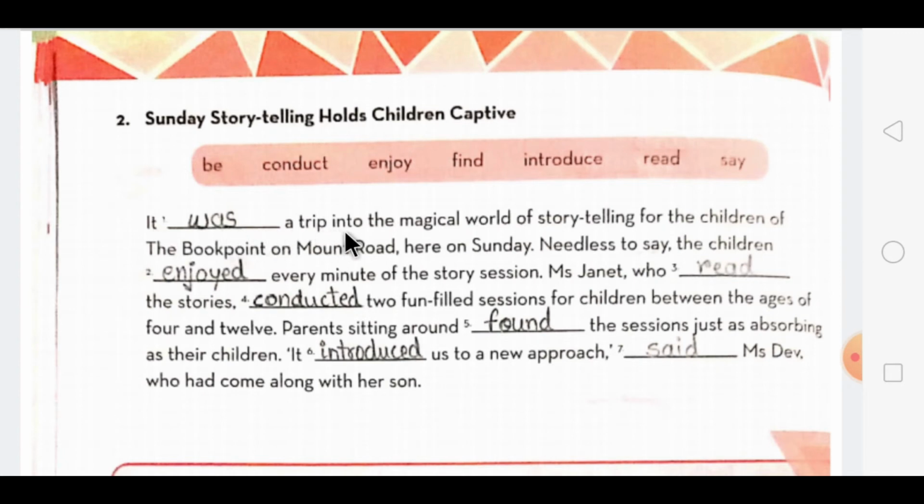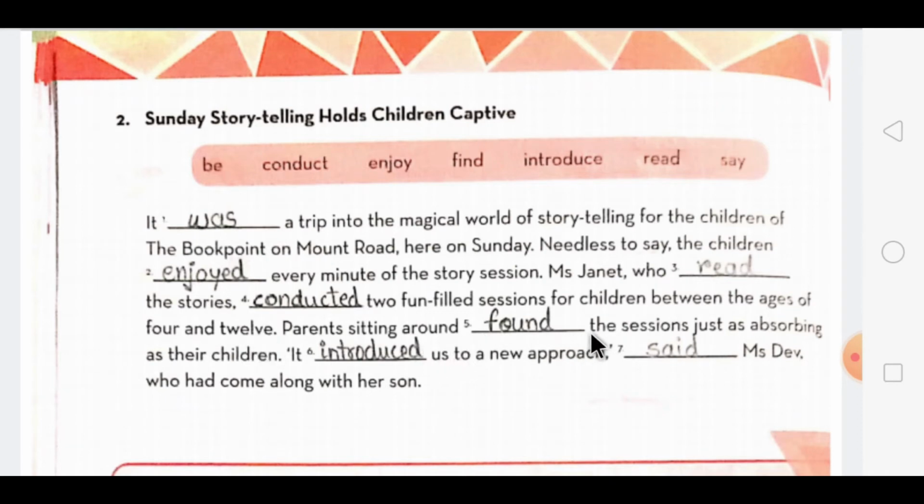It was a trip into the magical world of storytelling for the children of the Book Club of Mount Road here on Sunday. Needless to say, the children enjoyed every minute of the story session. Miss Janet, who read the stories, conducted two fun-filled sessions for children between the ages of 4 and 12.